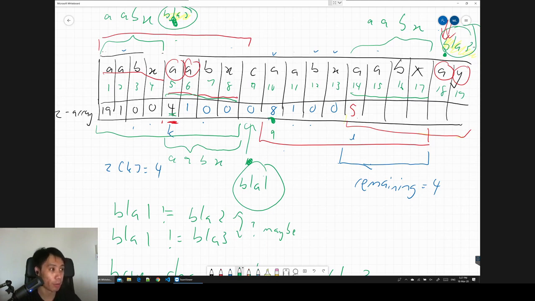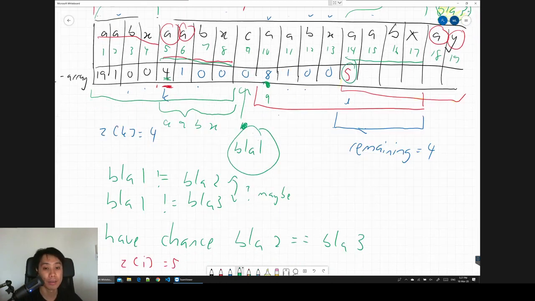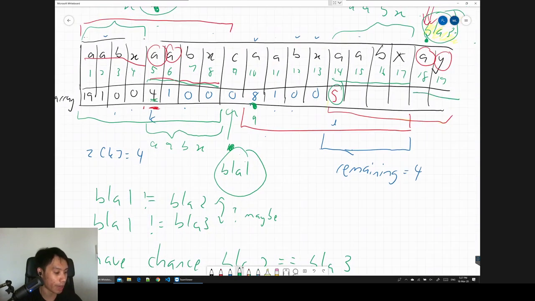But there's a chance for blah 3 to be the same as blah 2, which means your number here can be greater than 4. So which is why you need to compare after your Z box, right? And because the number here is 5, I will establish a new Z box 5. And my I is going to increment again and perform as normal. Okay, so this is case number 2C.